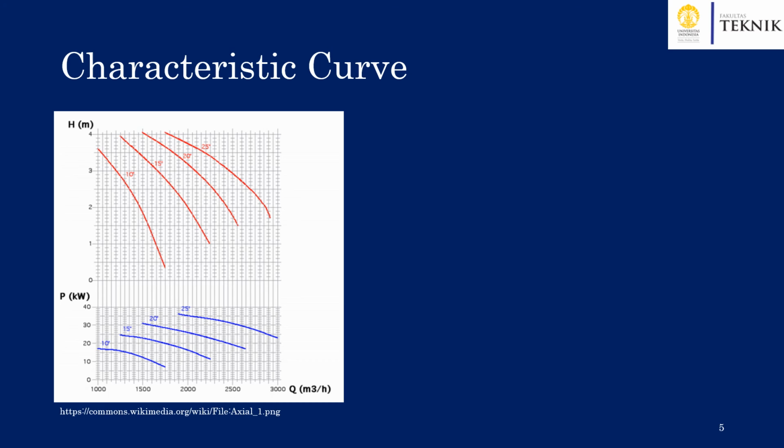Now let's have a look at the typical head and power versus flow rate curve of an axial pump. The red line represents the head, and the blue line represents the power consumption of the pump, plotted against the flow rate in cubic meters per hour. These different lines in blue and red are based on the pitch of the blade. Pitch is when the blades look like this.